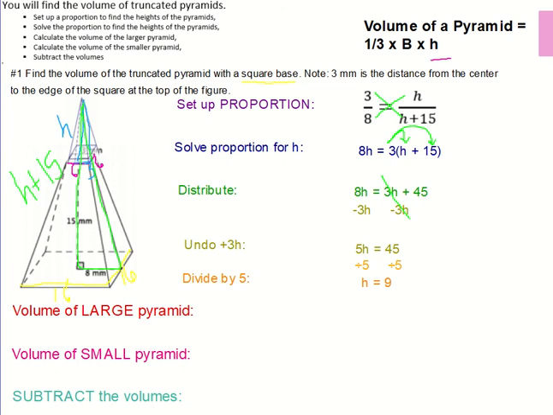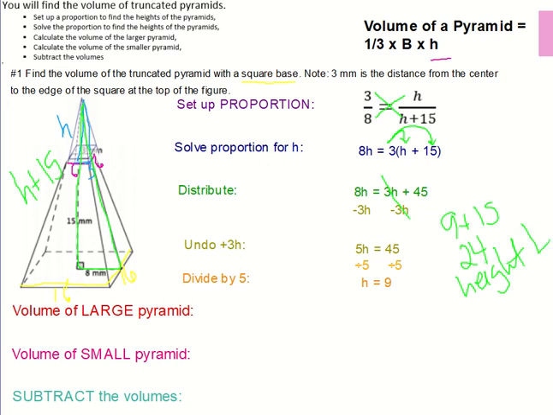So therefore I know that the height of the larger pyramid is 15 more than that. So if I take 9 plus 15, I get 24. So 24 is the height of the larger pyramid. I'll label it L for the larger one.